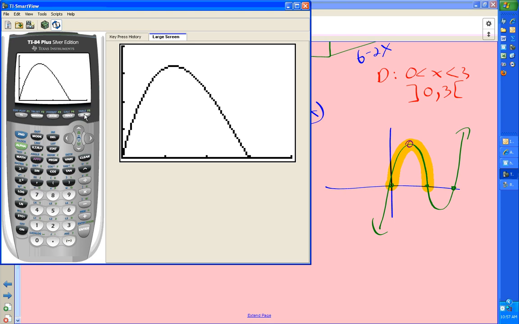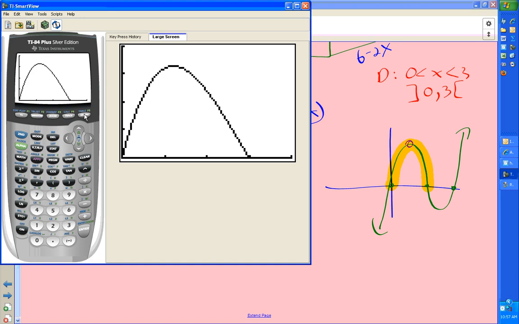I limited what my domain and range were on the picture. So I went from 0 to 4 and from 0 to 40 by 10s on the y, so you can see it. And you can see this is halfway, and the peak is going to occur right here, a little bit further to the left than halfway.